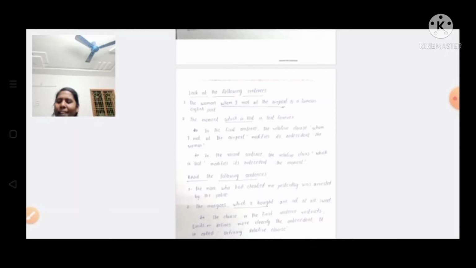In the first sentence, the relative clause, whom I met at the airport, modifies its antecedent, the woman. In the second sentence, the relative clause, which is lost, modifies its antecedent, the moment.